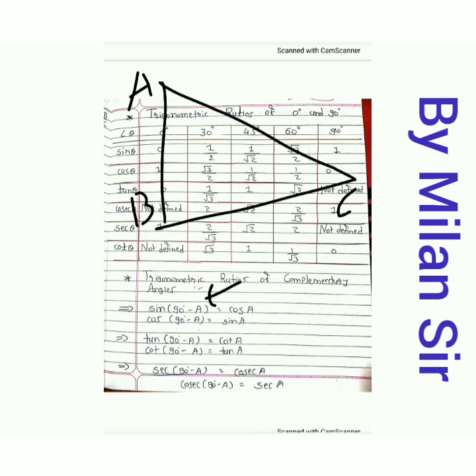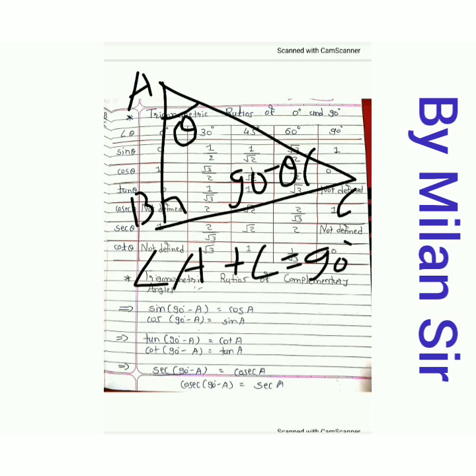In place of A I can write C also. We can write theta also. This shows the reference angle. Right now just A is equal to theta, so C is equal to 90 minus theta. Why? Because A plus C is equal to 90, because our one angle is equal to 90.